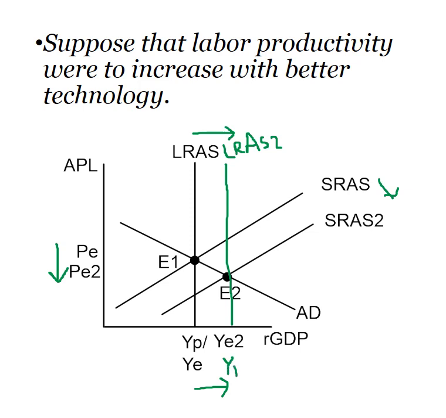So we're going to have a YP2, showing that our potential output has also increased. The rest of it's fine. The equilibrium 2 is in the right place, the PE2 is in the right place, the YE2. So if you wanted to add that long run shift, it doesn't really matter. It doesn't add a lot. It doesn't change a lot. All you have to do is add the second long run supply curve and a YP2, and you're good to go.